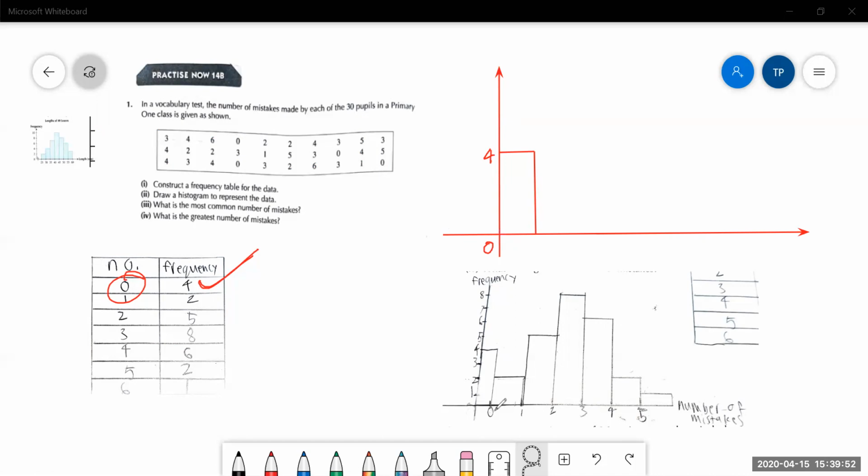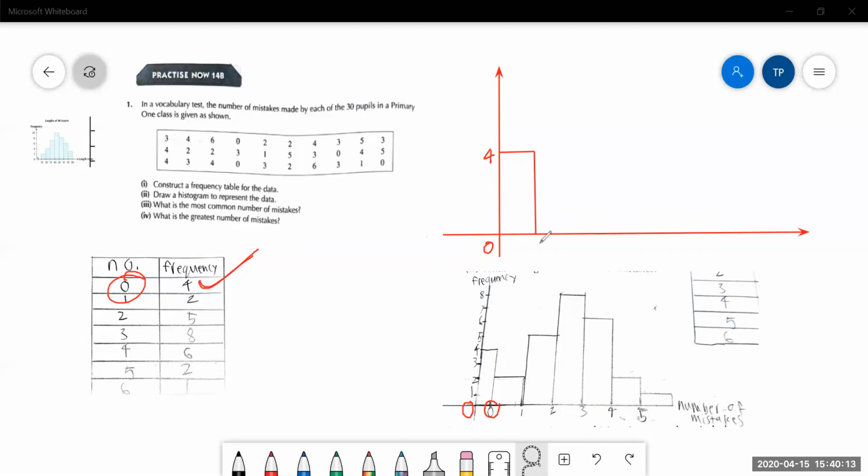You should have pushed this 0 here to here. Who starts 0 from not the origin? The origin is always 0. So all your numbers should push 1 unit to the left. You understand?